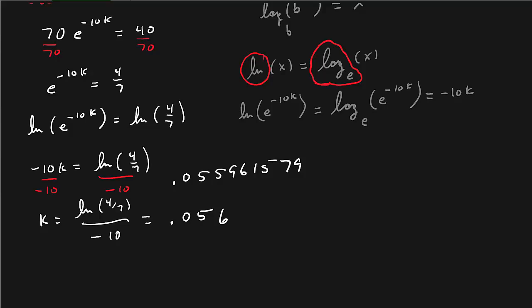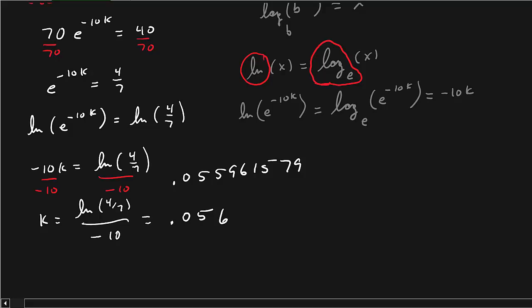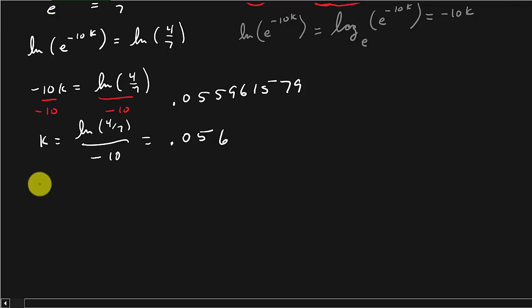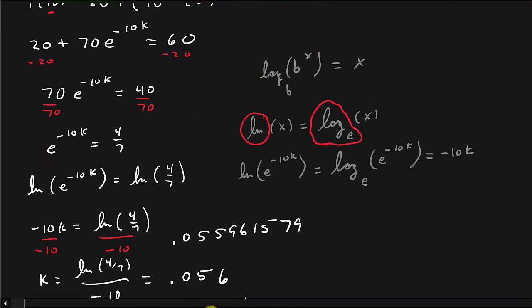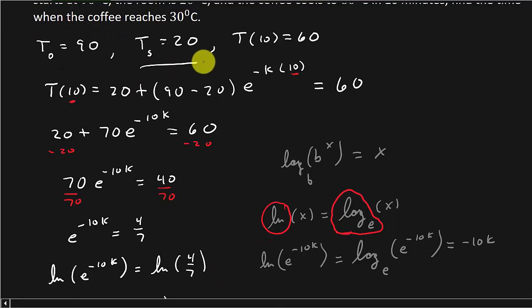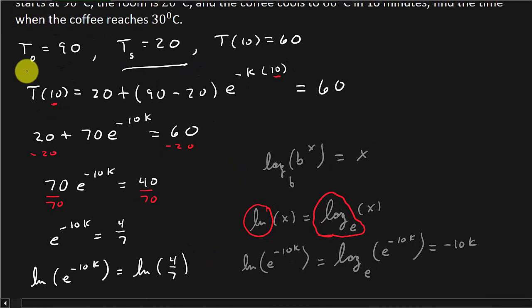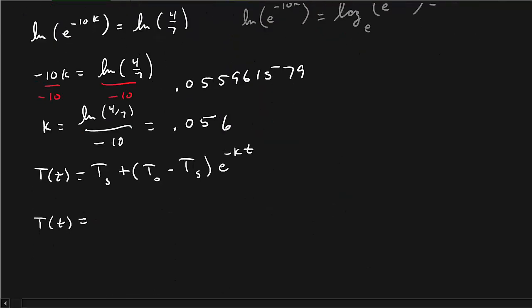So now what we get is, remember, we have T of t is equal to T sub s plus T naught minus T sub s e to the negative kt. All right, so plug everything in. You get T of t is equal to T sub s, and we can see T sub s is 20, and T naught is 90.